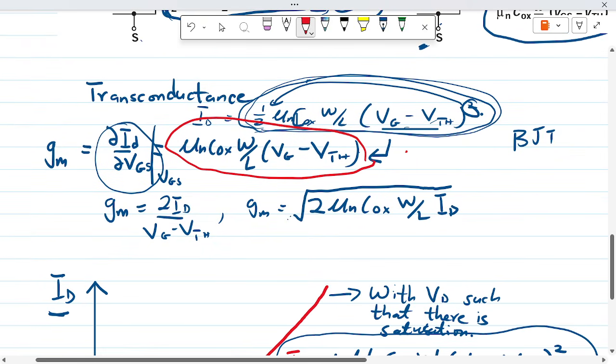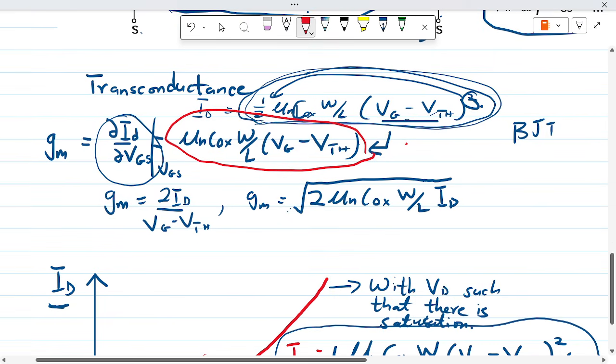Okay, now we can write the transconductance in other forms. How do we get this form?